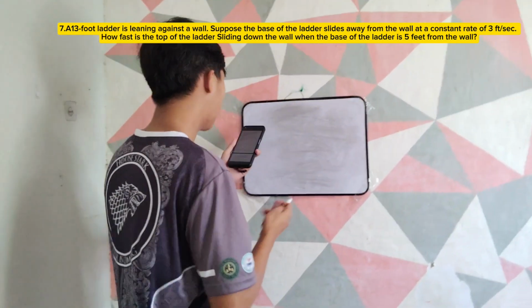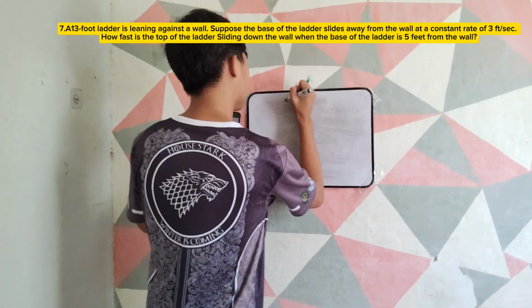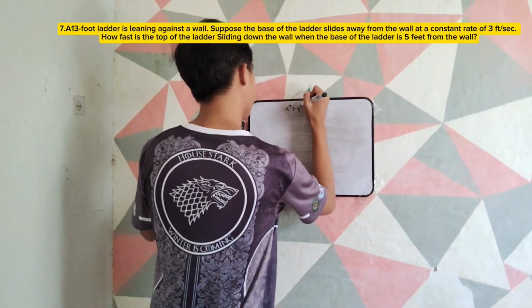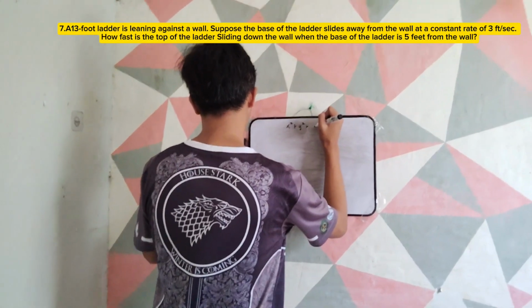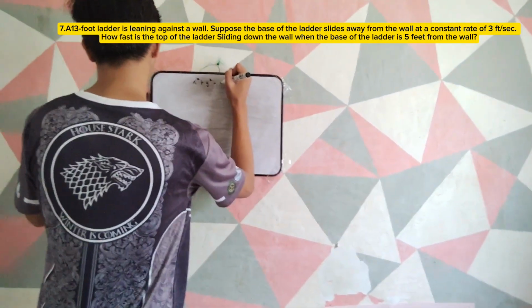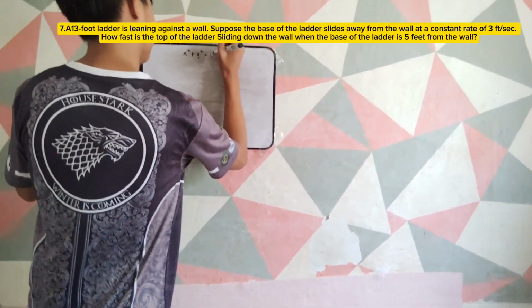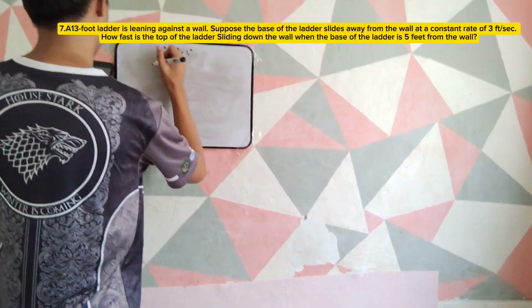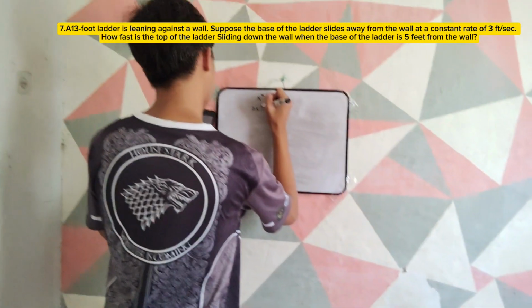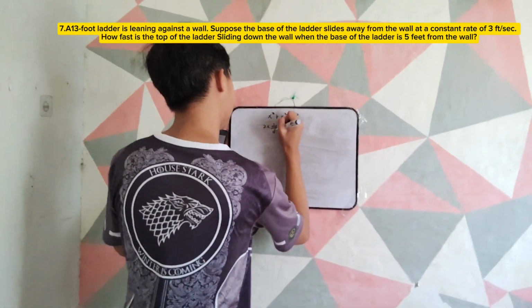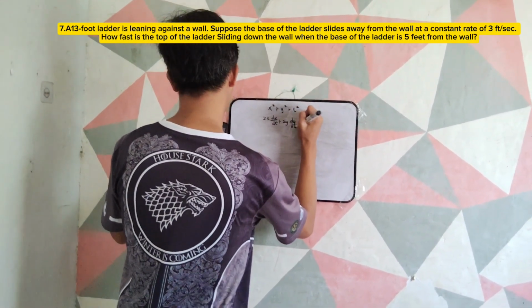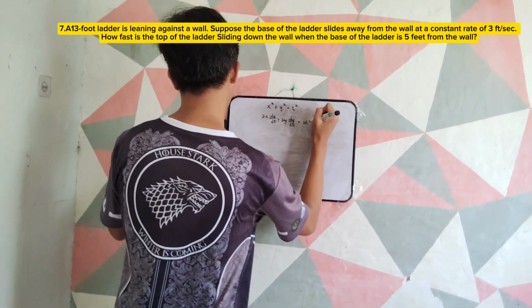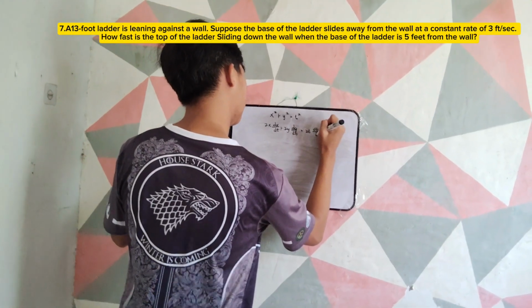So again, we use the Pythagorean theorem, which is x squared plus y squared is equal to L squared. So the derivative is 2x dx over dt plus 2y dy over dt is equal to 2L dL over dt.